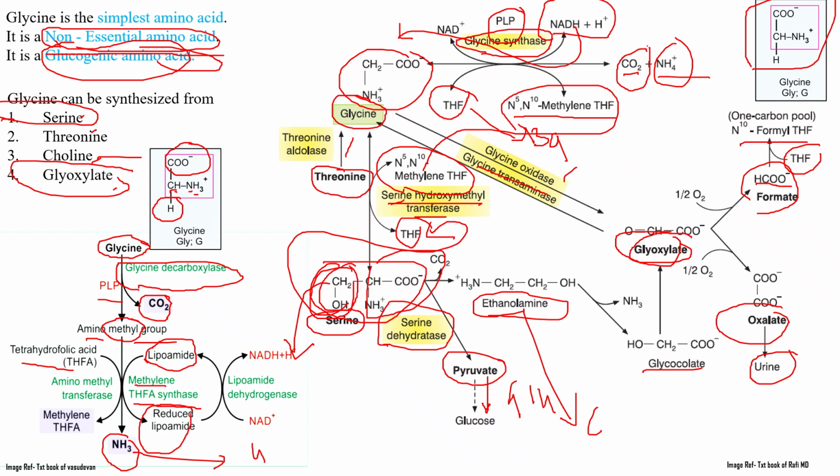This reduced lipoamide combines with NAD and transfers the hydrogen group to the NAD, again forming lipoamide, and this NAD forms NADH plus H plus. The NADH enters the electron transport chain, where it will produce 2.5 ATPs. This is all about the synthesis and breakdown of the amino acid glycine.